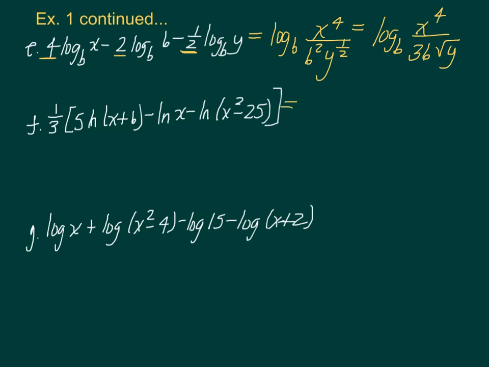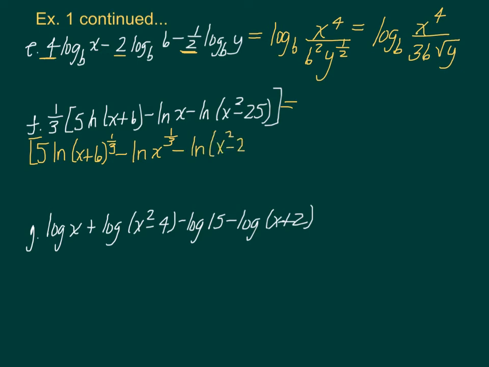For F, I'm going to take care of the inside first. Actually, this 1/3 is going to be a power for each term. So I'm going to do that first. So this is to the 1/3 power. The x is to the 1/3.